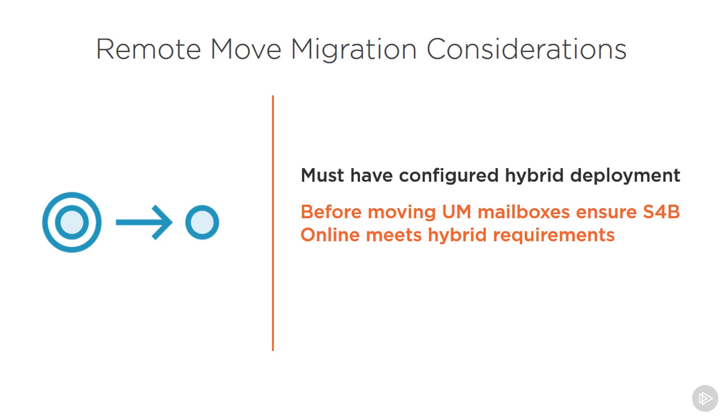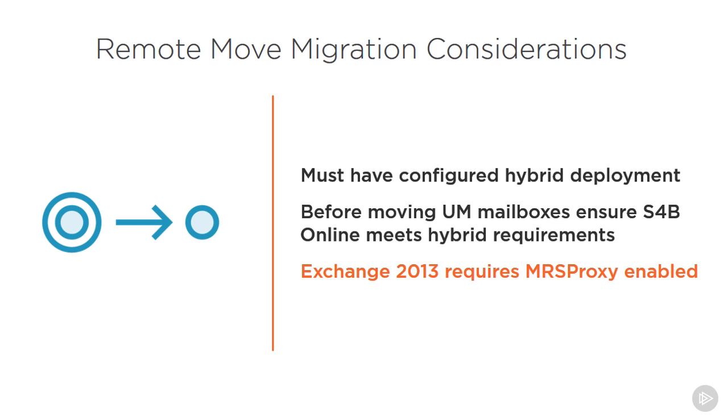So be aware of that requirement as well. And thirdly, if you're communicating with Exchange 2013 on-prem, your on-prem configuration requires the MRS proxy to be enabled. That's the Mailbox Replication Proxy Service, and that's going to manage the communication between on-prem and online.